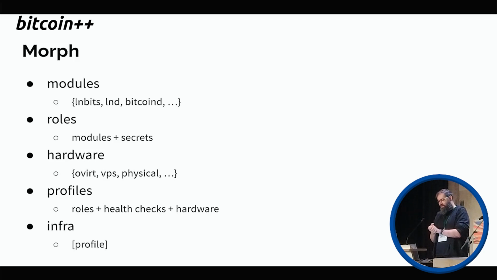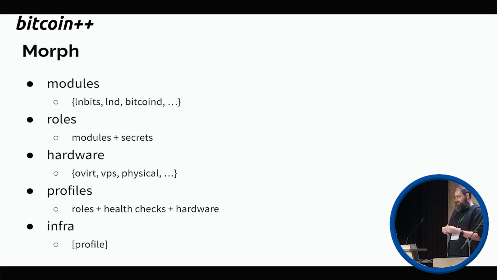And once you have this logical description of your machine, you can then use some hardware configuration which says, let's deploy this to oVirt or to a VPS, let's use a physical machine, and so on. And then a profile is basically a combination of this role, which is the logical description, hardware, which is the physical description, and a health check.